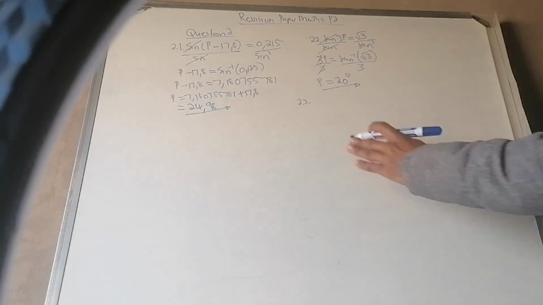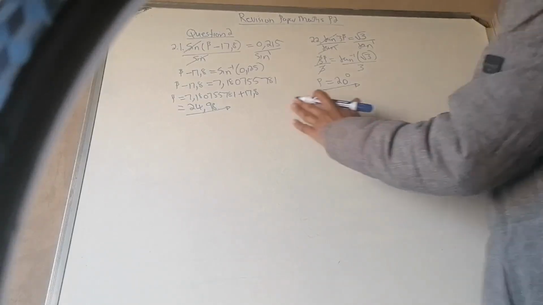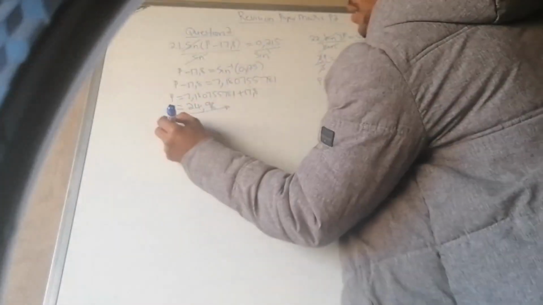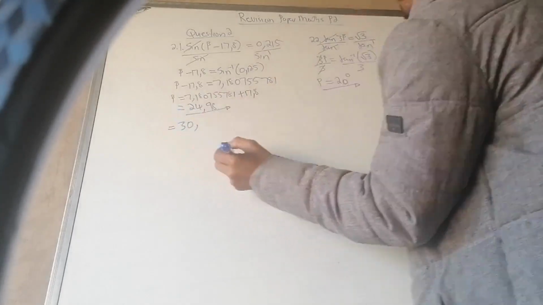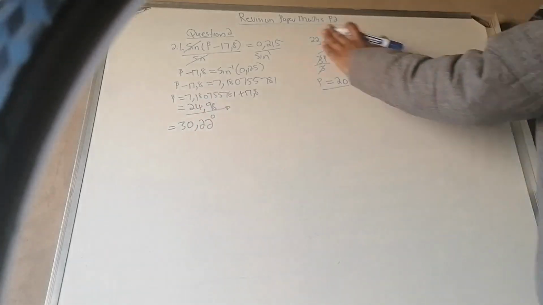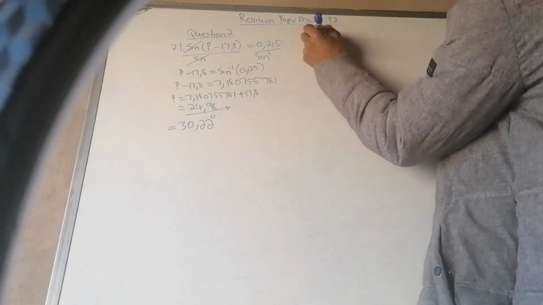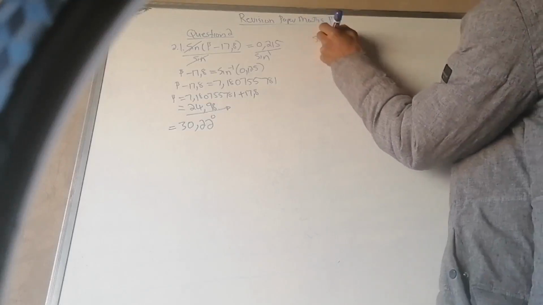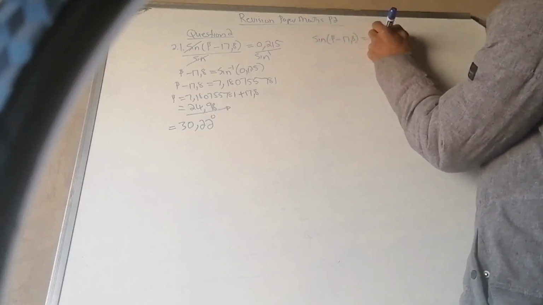That's exactly the value. Now to check, I will verify. To prove it, we go back to the original problem: sine of beta minus 17.8 equals 0.125.